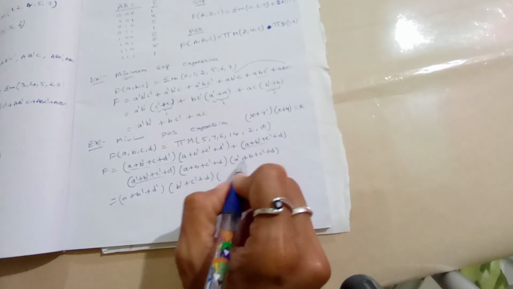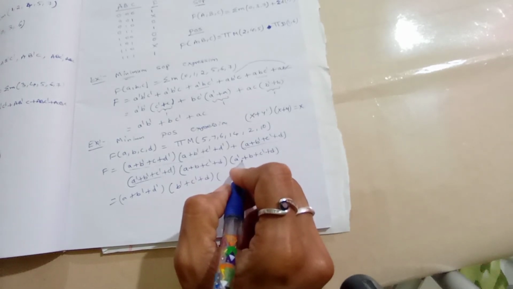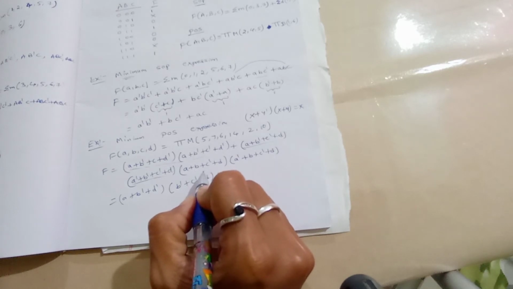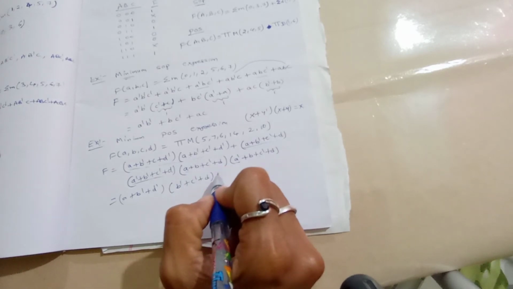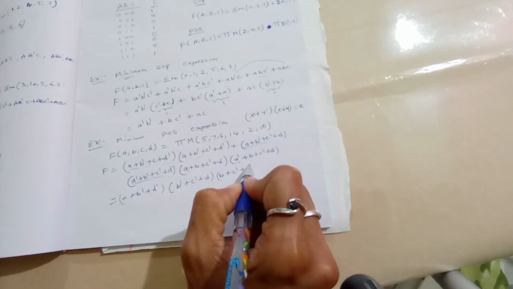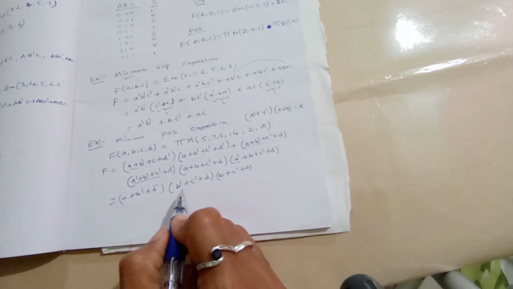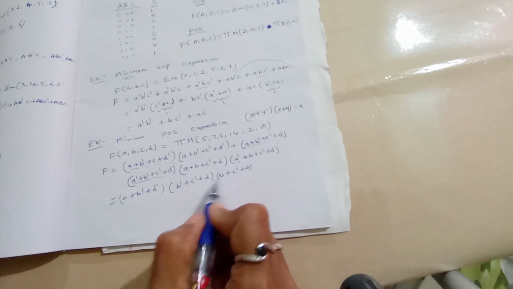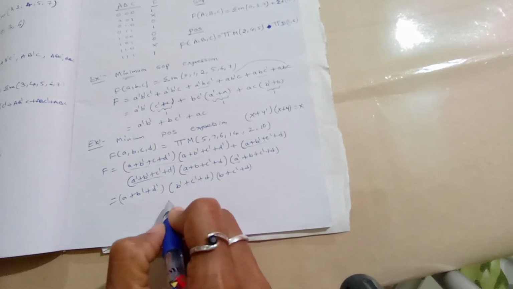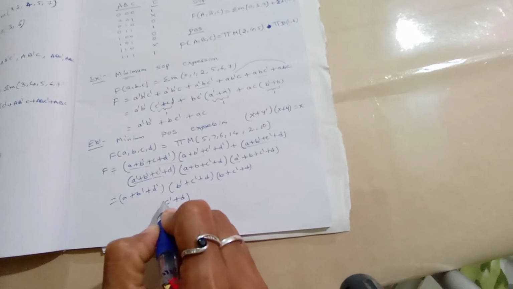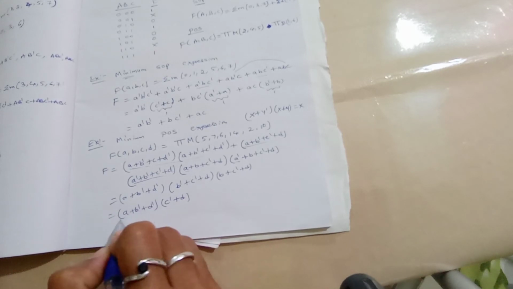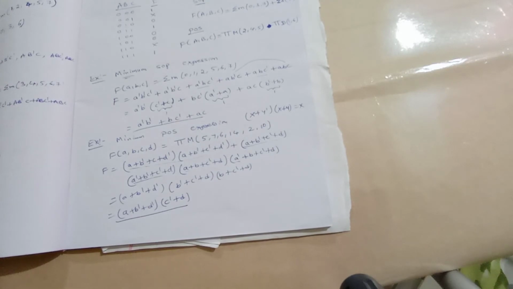Next, when you combine these two, A is changing, so the remaining terms are B plus C bar plus D. Again by these 2 terms, B bar is changing to B, and C bar plus D is remaining. So finally this is the minimized expression for POS.